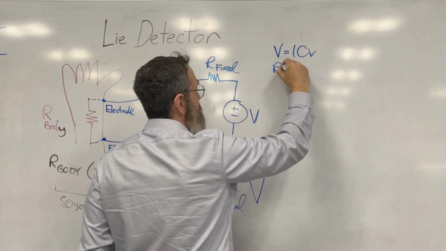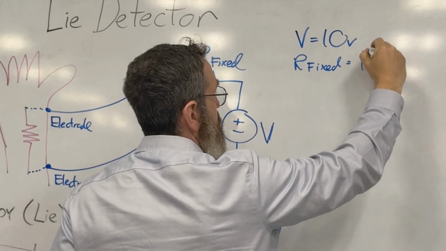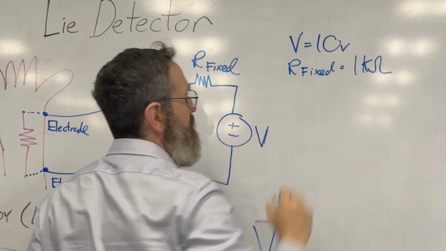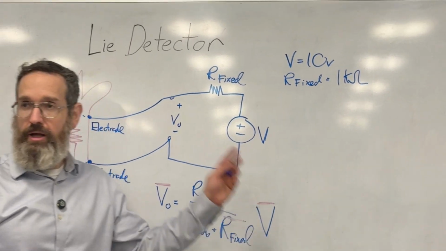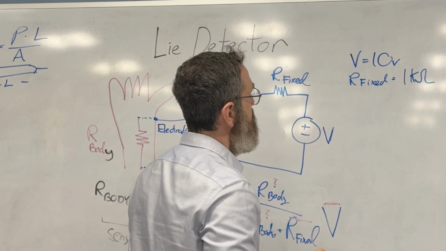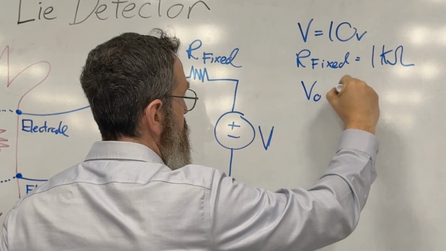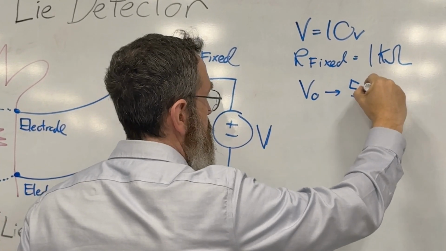And the R fixed was 1 kilo ohm. I need to go to these bigger numbers because it's more like what you're going to see physiologically. And you measure out 5 volts.